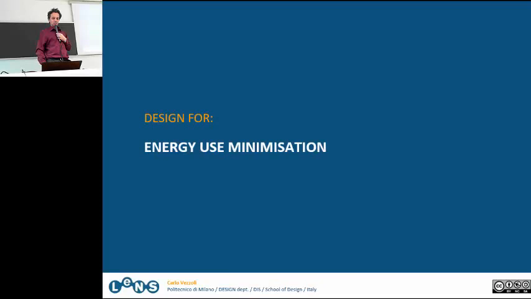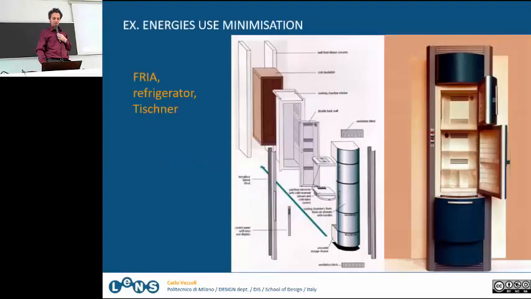Design for energy use minimization. Again, we have to consider all the life cycle phases in relation to the functional unit. This is a refrigerator by Ursula Fischer, a very good friend of mine, one of the best researchers and designers working on design for sustainability worldwide, from Cologne, Germany.